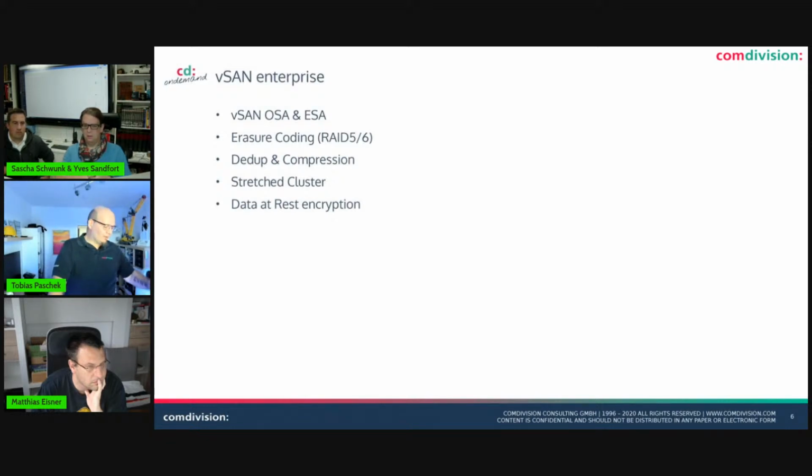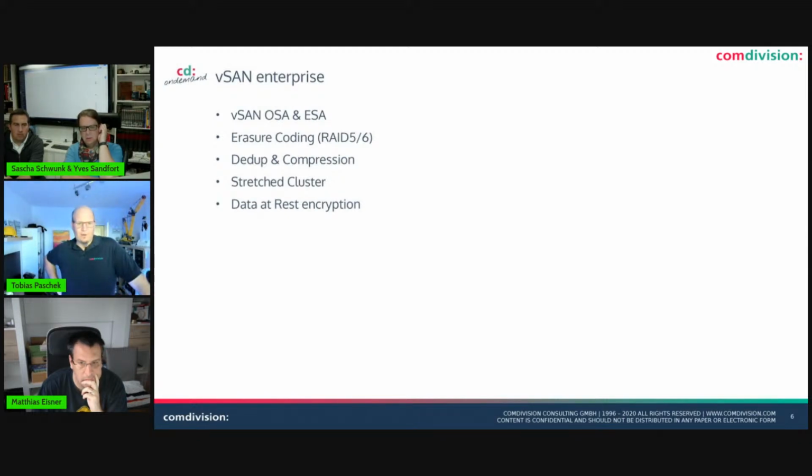So we only have the capability of using ESA supported NVMe devices, which also has changed the whole disk management, because in the original storage architecture, in the OSA part, there was always the need of having disk groups and stuff like this. In ESA, the whole disk group management and so on is gone.